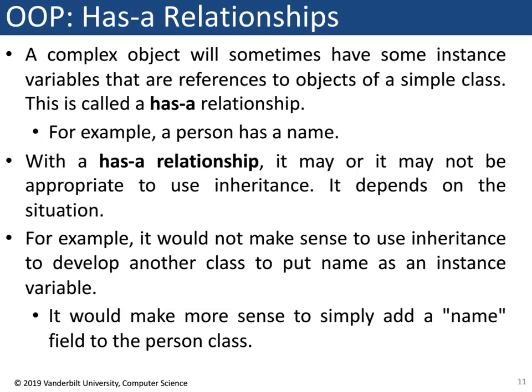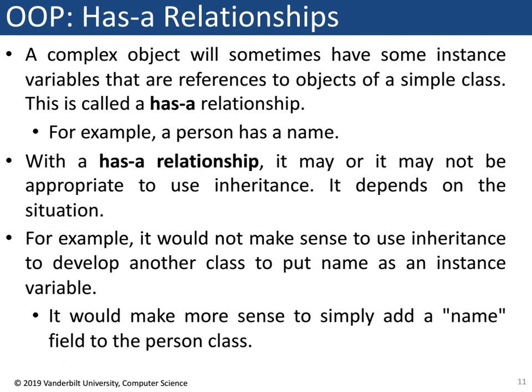But there's also a second relationship that I alluded to in the previous slide. So there's is-a, so student is a person, but there's also a has-a relationship. So in a complex object, often you'll have references to other objects of a simpler class. For example, person has a name.